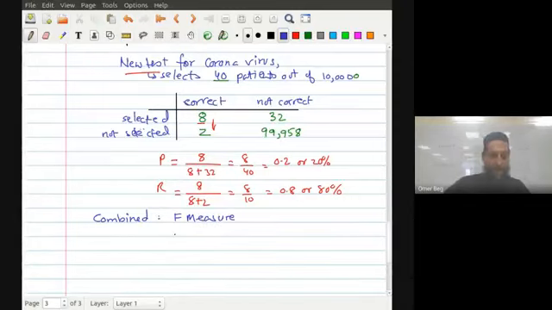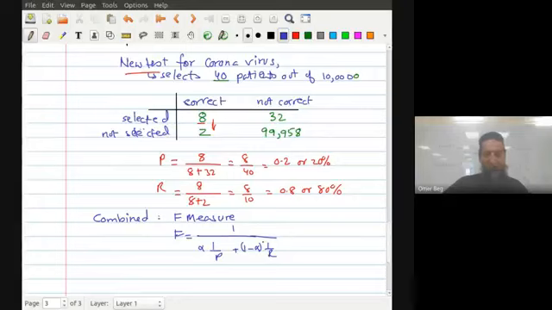The F measure is actually a harmonic mean of the two values, precision and recall. So that would be 1 over alpha times 1 over precision plus 1 minus alpha times 1 over recall. And that's how the harmonic mean is computed.